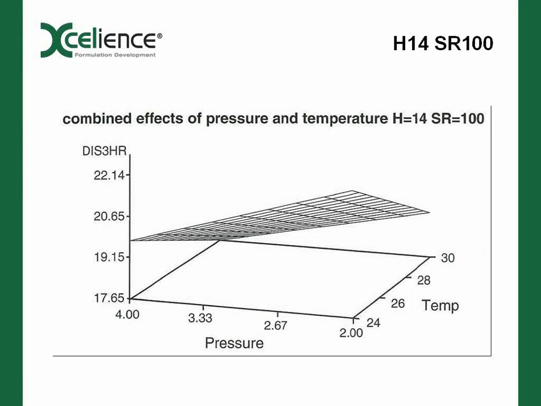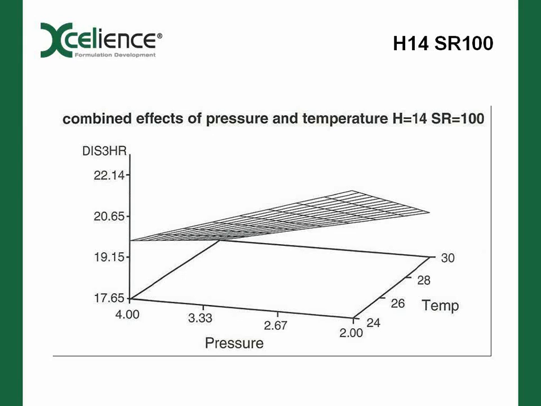In this particular case, if we're looking at the effect of humidity and spray rate on pressure and temperature, excuse me, you see very minimal effect. You can vary your temperature from 24 up to 30, and you can vary your atomization pressure from 2 up to 4, and you're getting very, very minimal effect on your dissolution.